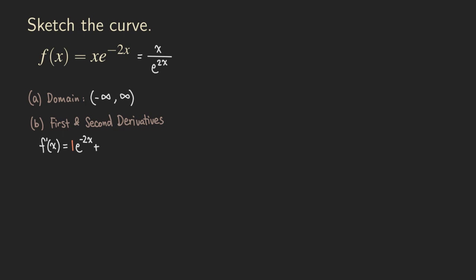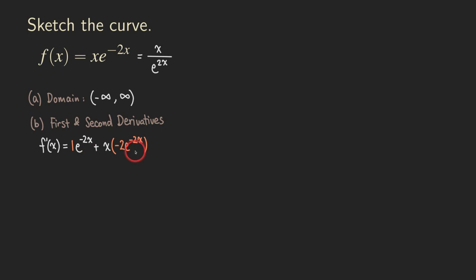And then plus, we are going to copy down just the x. And then we need to differentiate e to the negative 2x, which will give us negative 2 e to the negative 2x. And then, of course, we got to simplify that. To simplify that, we see that there is an e to the negative 2x present in both terms, right?